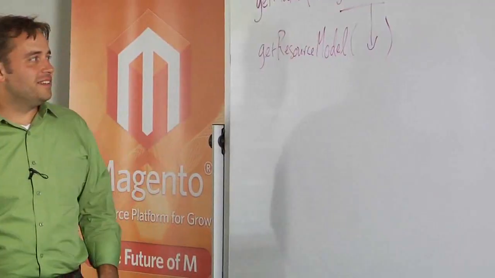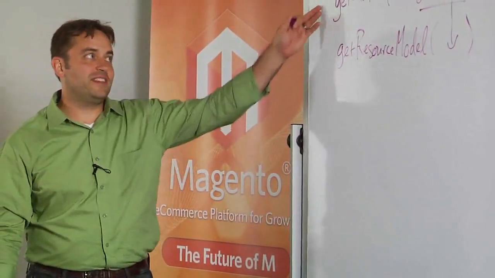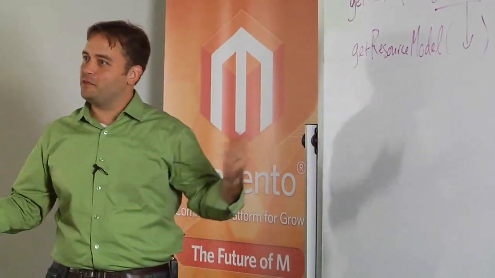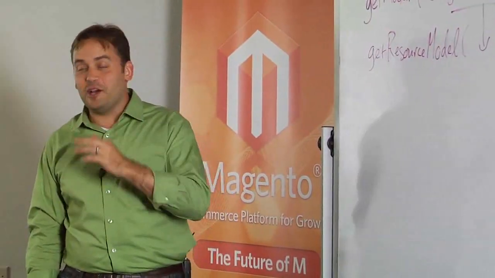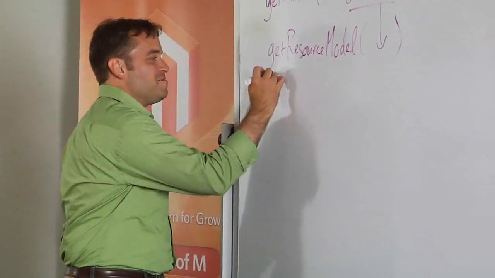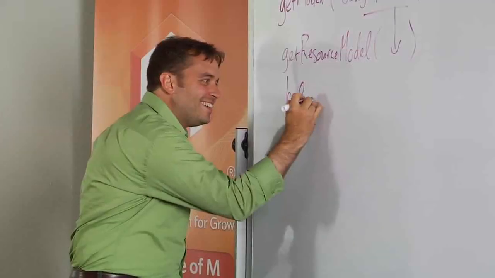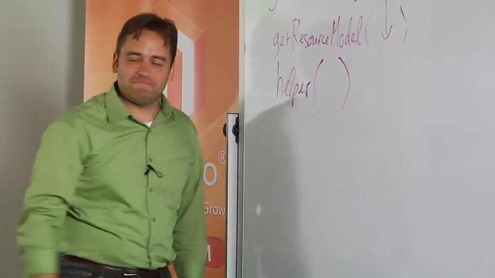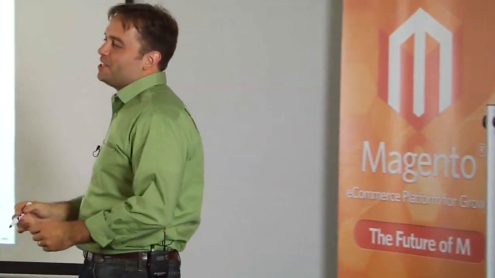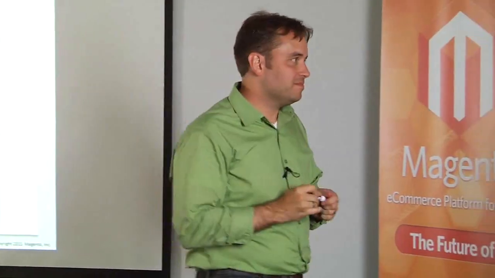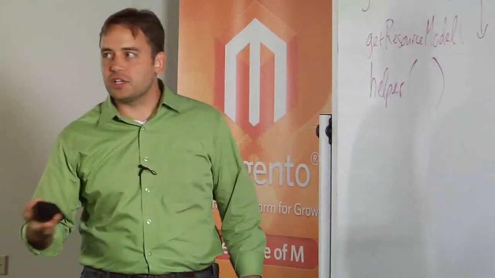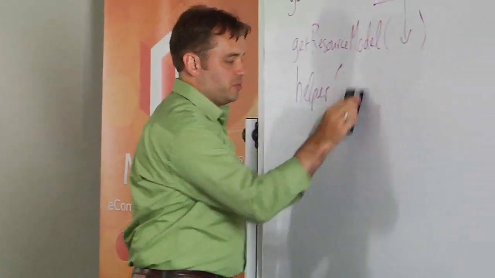And for helpers, of course, we have get model, get resource model. So how would we get a helper? No, it's Mage helper. Just helper, just because they can. And a tricky thing with helpers, by the way, I'll tell you this because it will come up again.